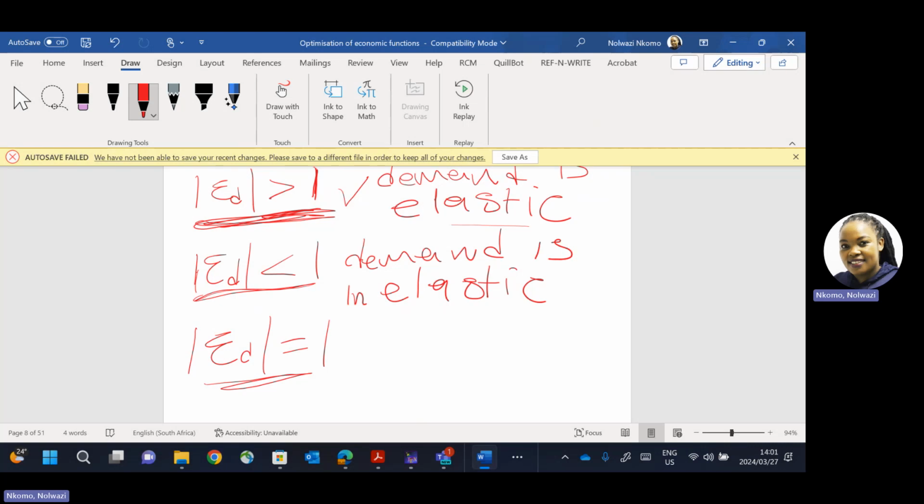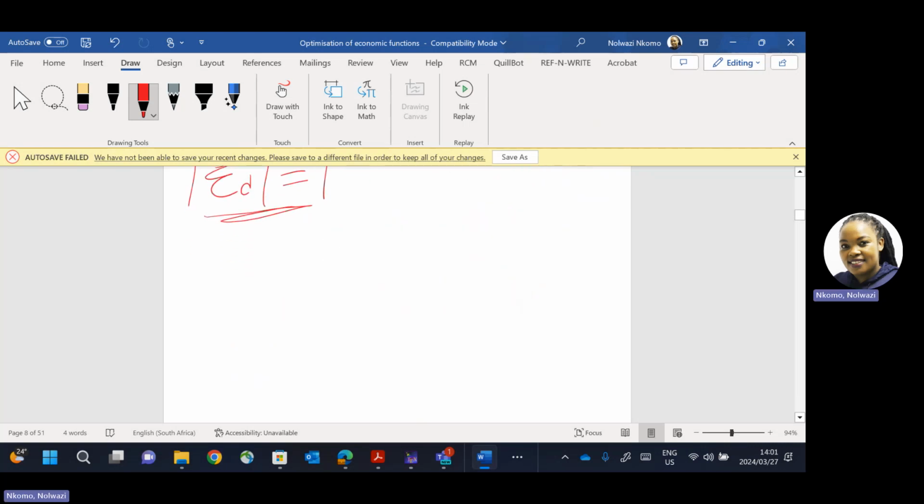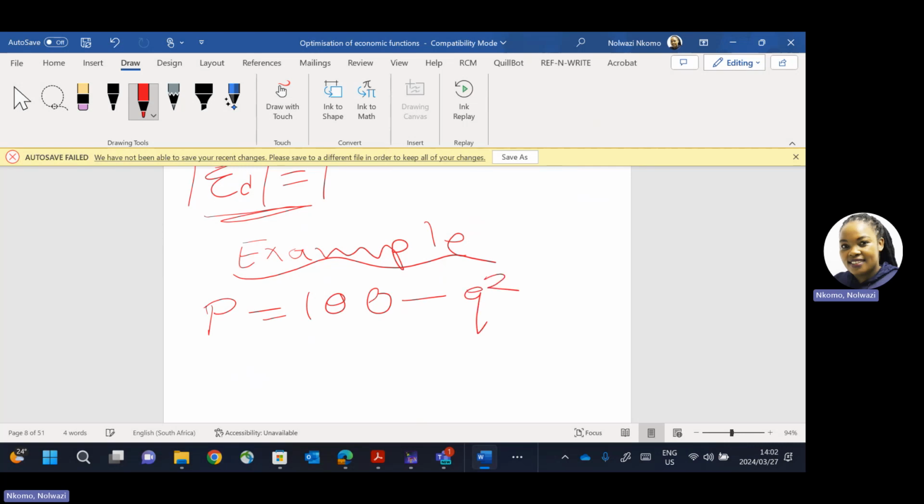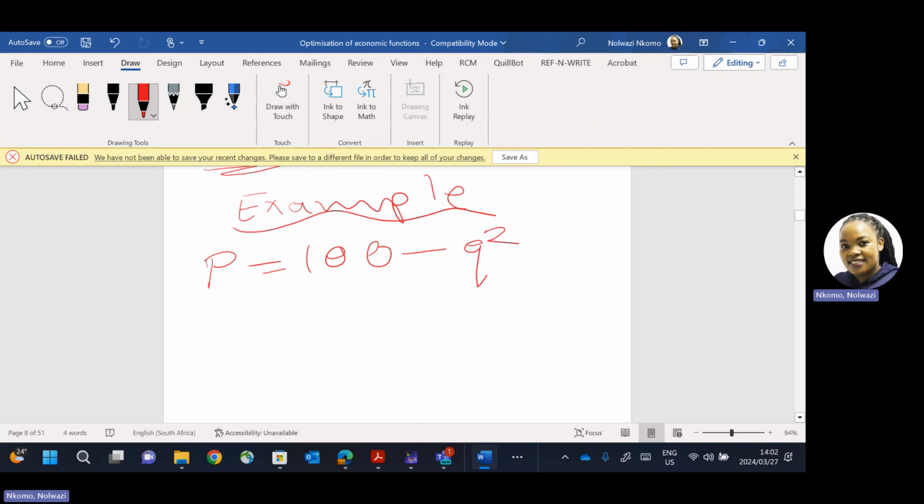Okay, let's try and do an example to put this in practice. Consider a demand function as P equals 100 minus Q squared, right? Here our demand function is given in terms of P, right?